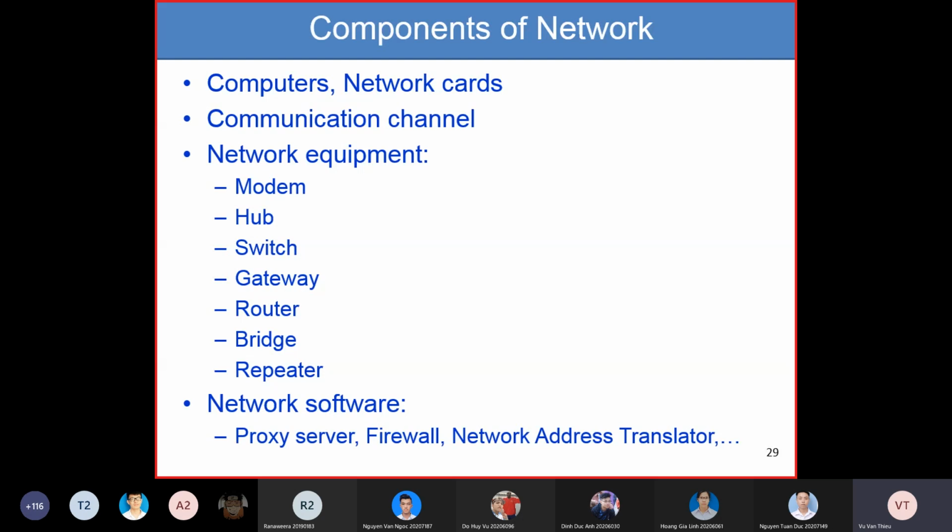For example, a web browser to access websites, or a network address translator in a modem or router, or a firewall to secure our equipment. That is the network software. So there are 4 components that build a network: computer or equipment, communication channel, network equipment, and network software.